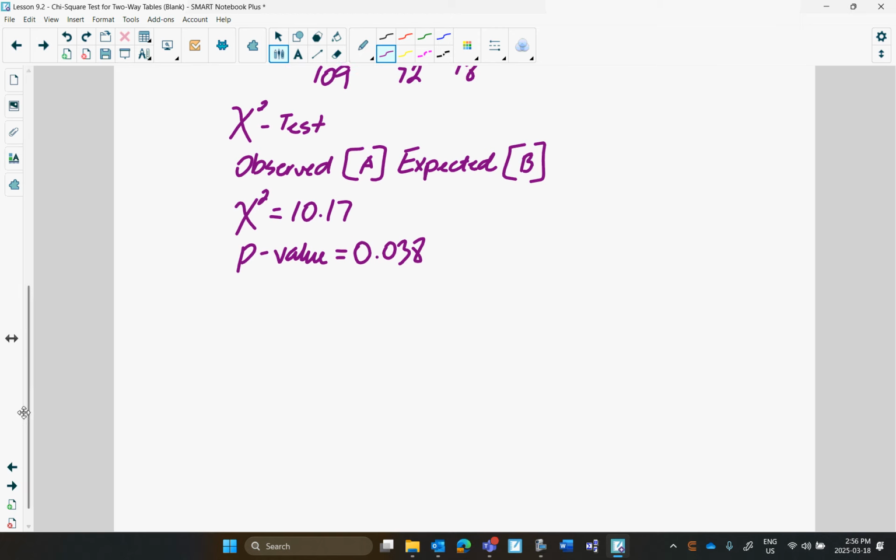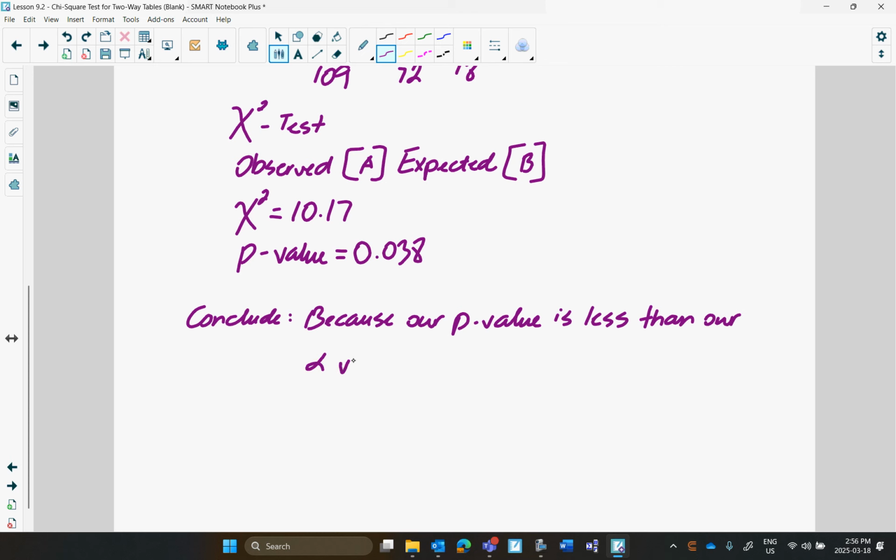So our conclusion: because our p-value is less than our alpha value, we reject H0.